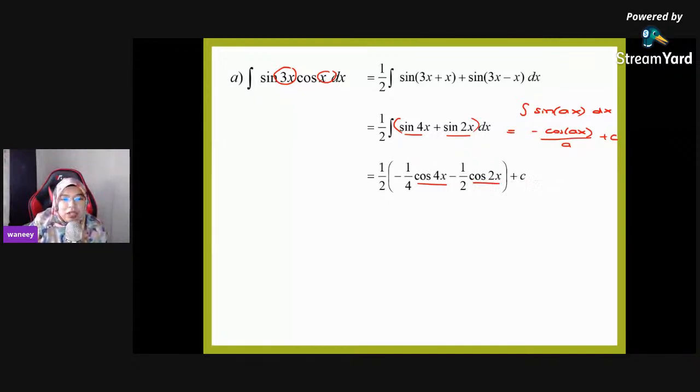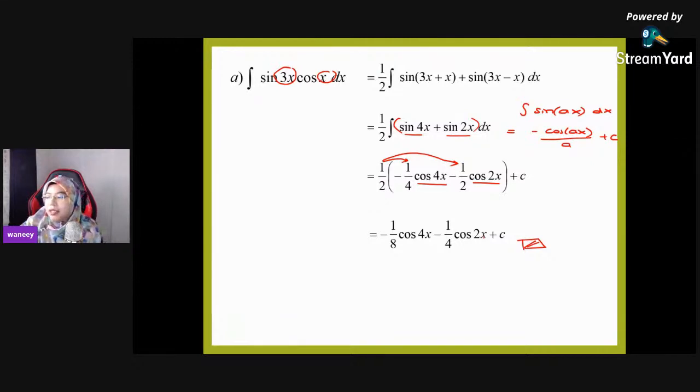And then of course you're going to expand them a little bit. We got some constant here and there. So expand them and simplify. So it will become negative 1 over 8 cos of 4x minus 1 over 4 cos of 2x, and then plus with a c. So done.